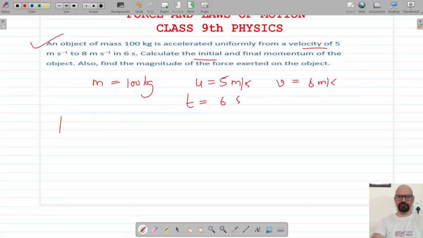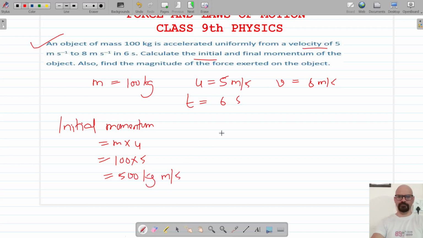So initial momentum will be the product of mass and initial velocity, and the final momentum will be mass and final velocity. So this is m into u. m is 100 and u is 5, so 500 kg meter per second.